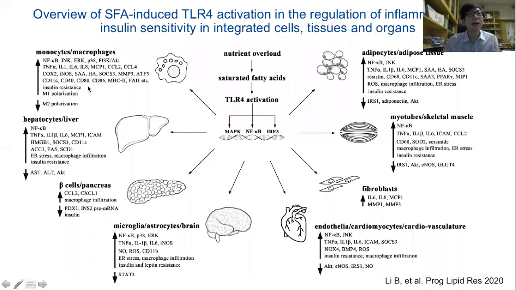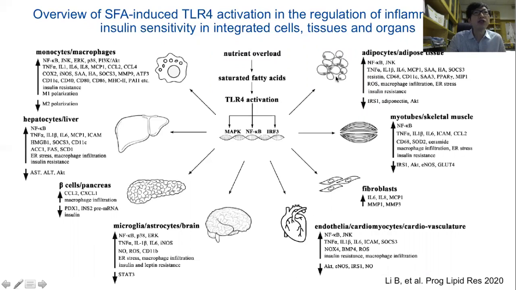These cytokines, of course, will spill over to the circulation and induce what we call systemic and local inflammation through NF-kappa B and also JNK pathways, which will then be followed by local inflammation and also insulin resistance, depending on the organ involved.